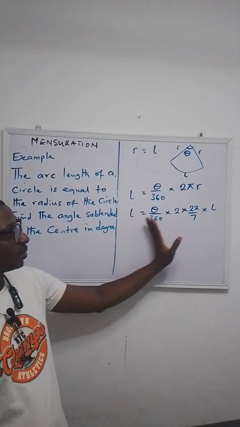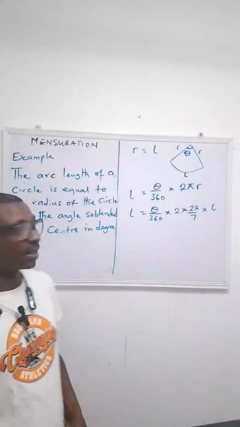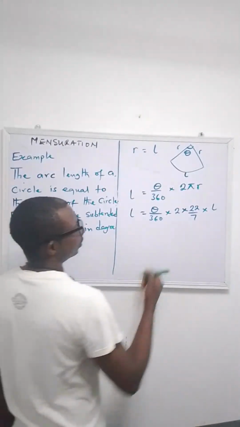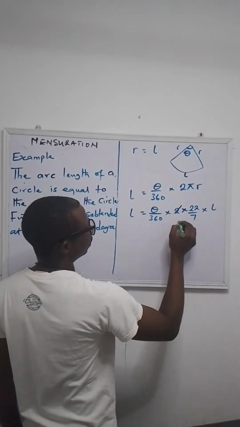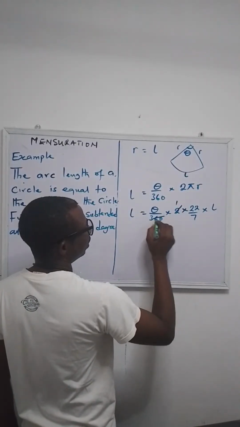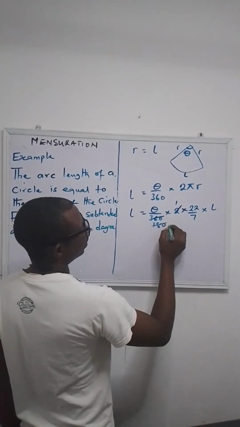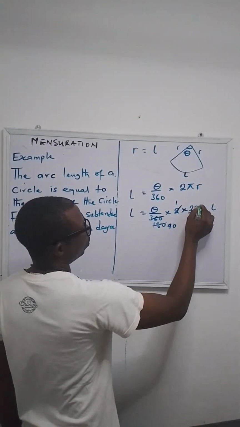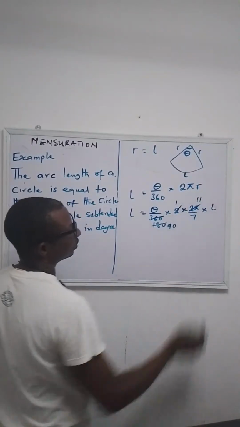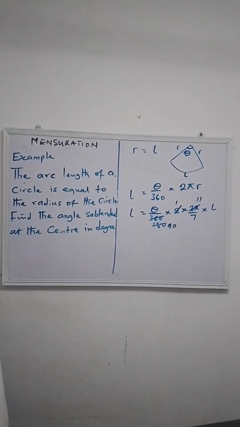Now let's try and simplify this right hand side. So 2 goes into 360 is 180, 2 goes into 180 is 90, and 2 goes into 22 is 11. Can you see that? All right.